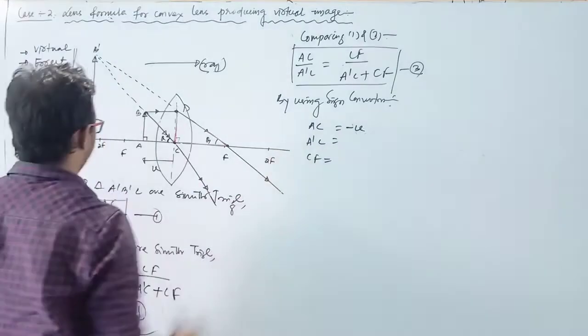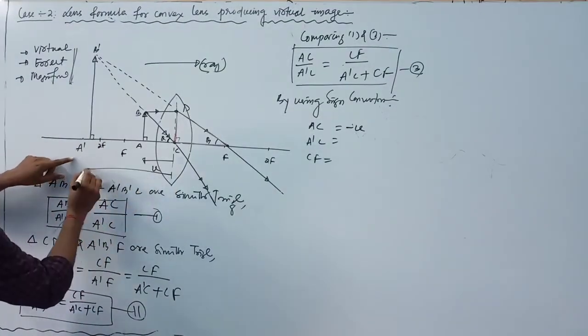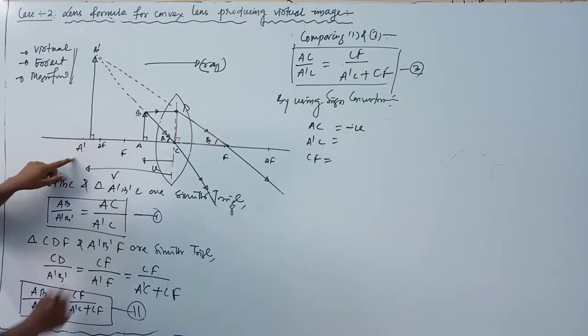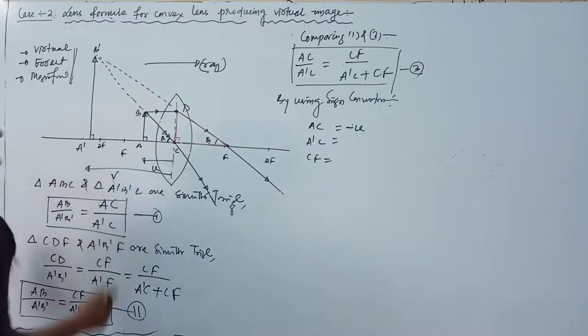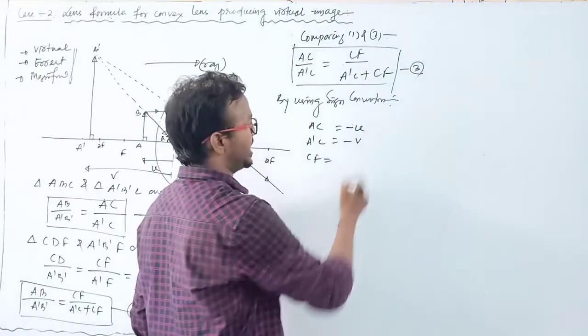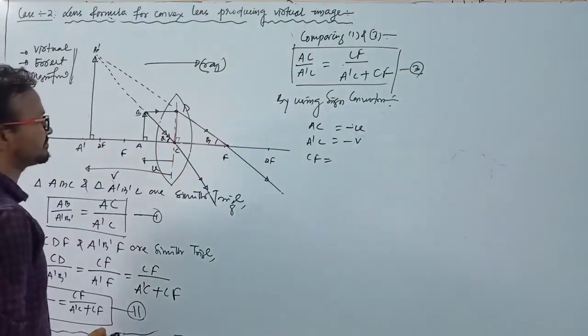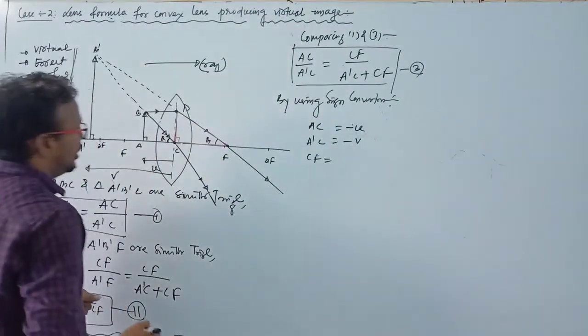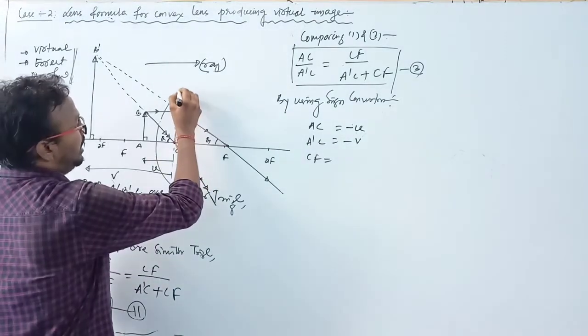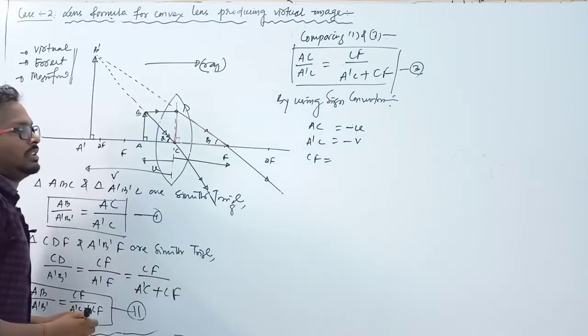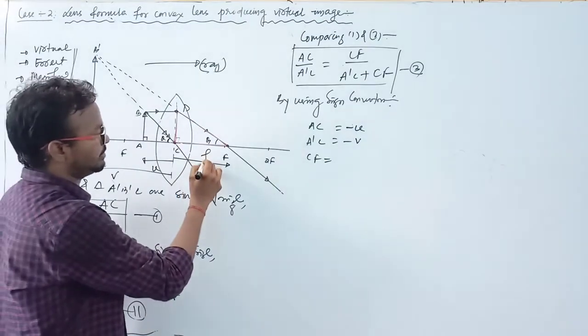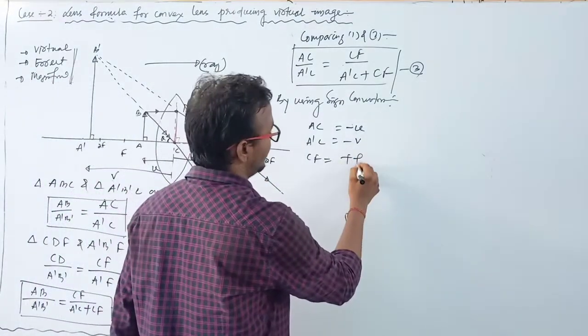Next, A'C. This distance is v, but we have to measure from the optical center to A', so this distance will be negative, minus v. Similarly, this is the focus, and you have to remember one thing: the focal length of the convex lens is always positive, and this is focus point CF, this CF is f.